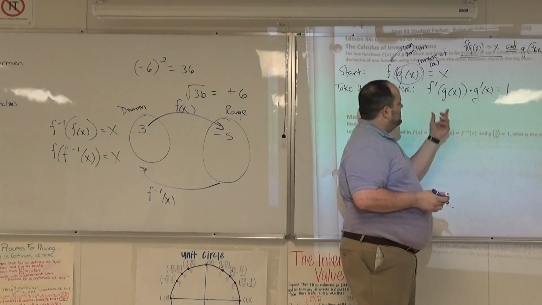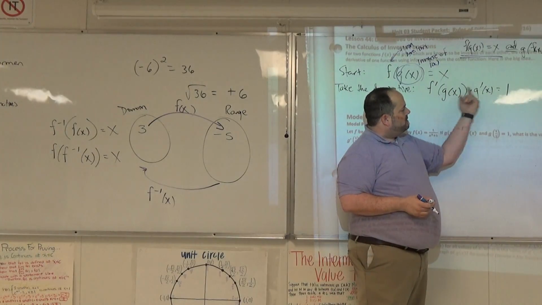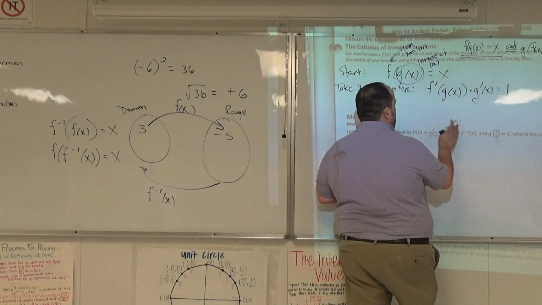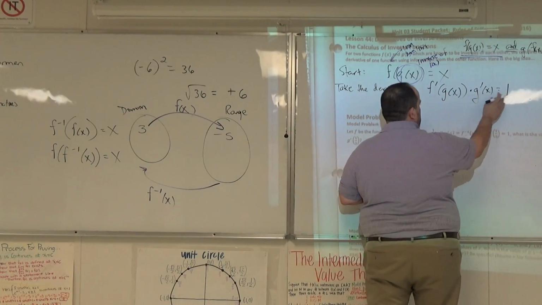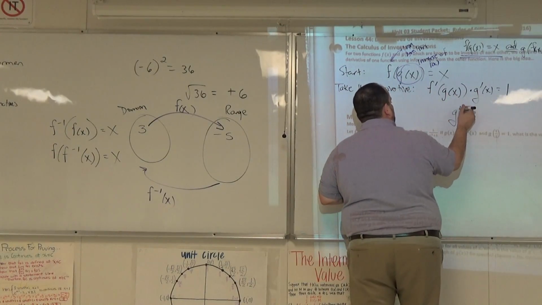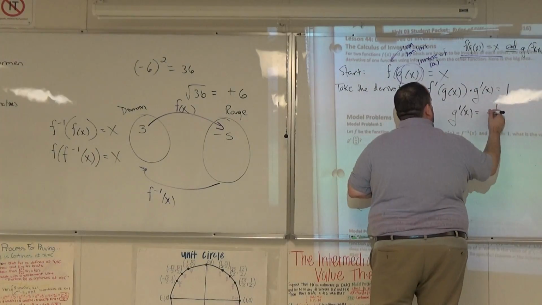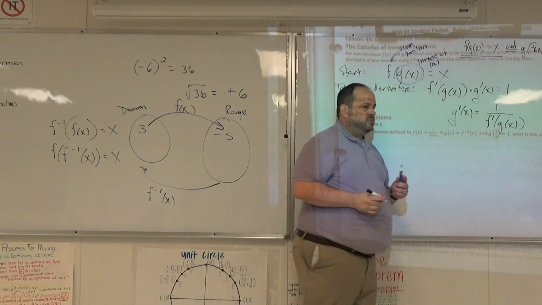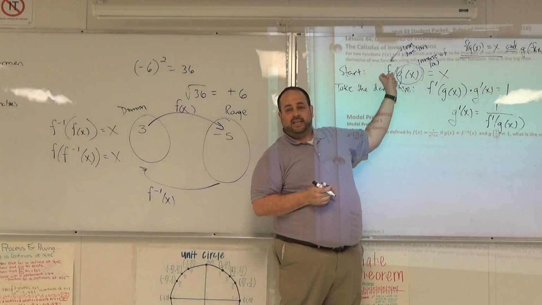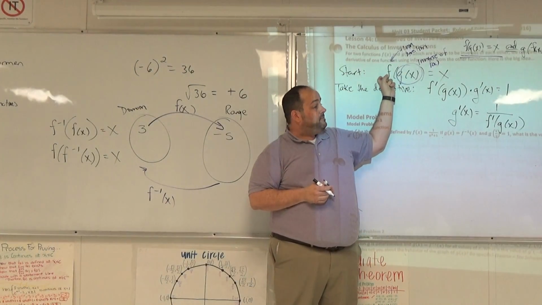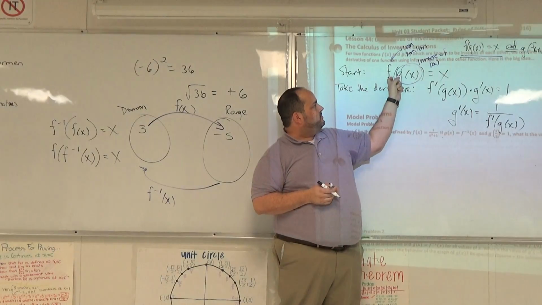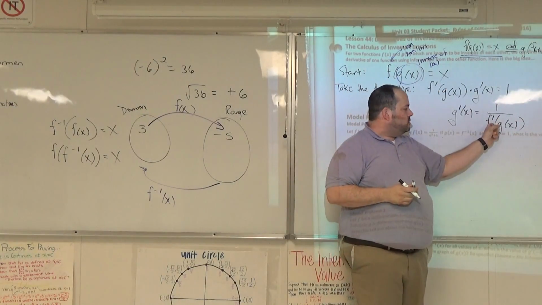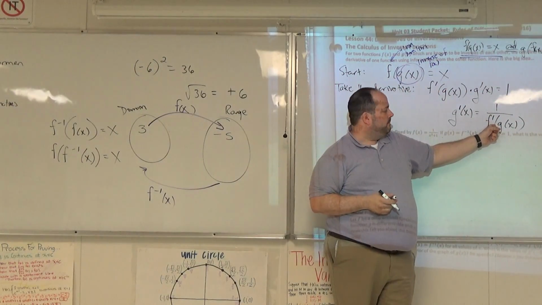When that happens, you can use this chain rule relationship to say, well, if f prime of g of x times g prime is equal to 1, then g prime is equal to 1 over f prime of g of x. F is the function that they're going to tell you stuff about. If they've told you stuff about f, you should be able to find f prime.